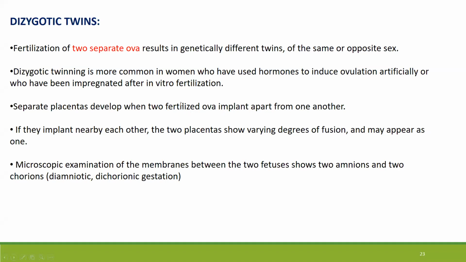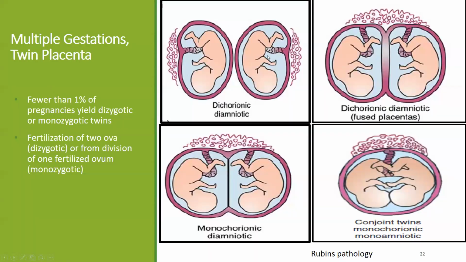Sometimes the placentas are fused, but they are separate placentas. If they implant near each other, they can fuse. Microscopic examination of the membrane between the two fetuses shows two amnions and two chorions. So diamniotic, dichorionic in the dizygotic twins, two separate fetuses.